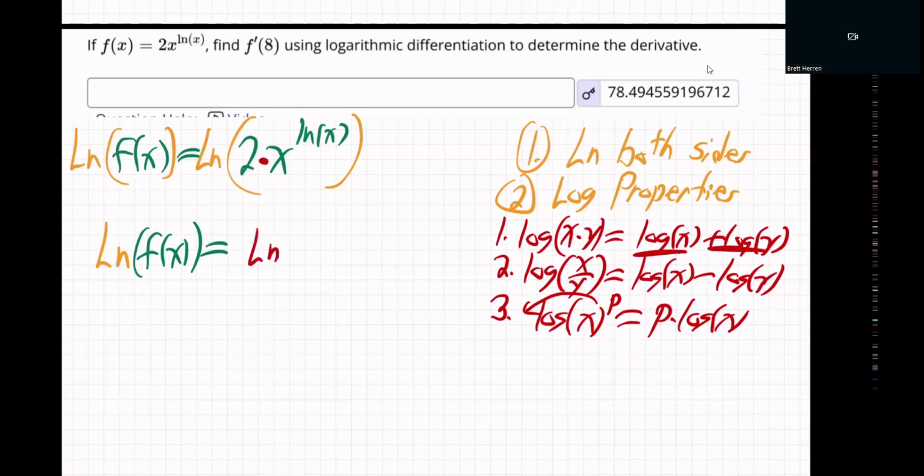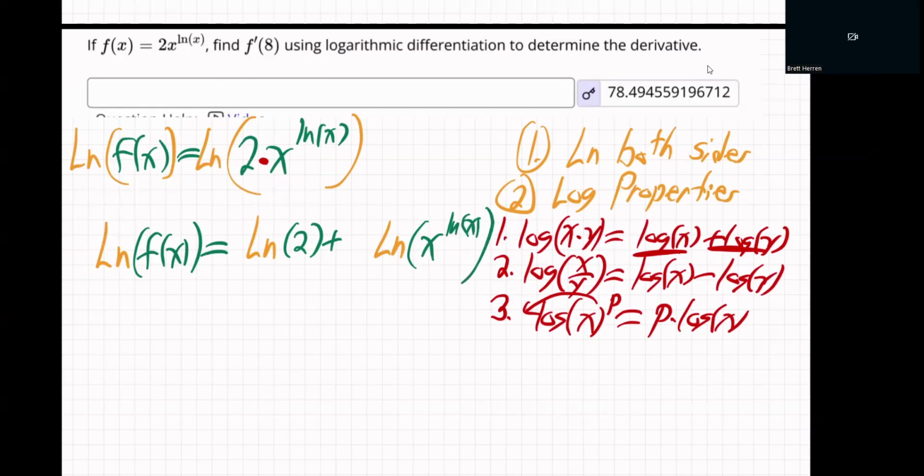That's going to be ln of 2 plus ln of x to the ln x, like that.